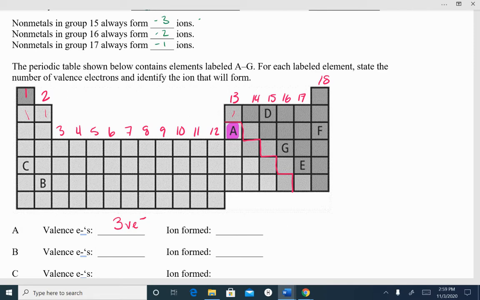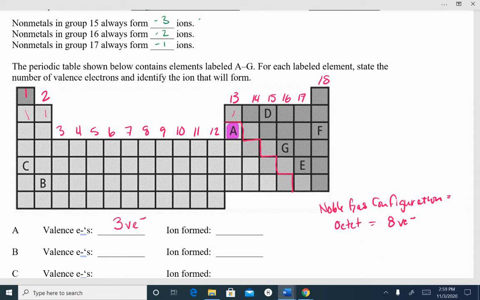And so is it going to be easier for me to lose 3 or to gain 5 to get my octet? Remember, we're always trying to get a noble gas configuration. And a noble gas configuration is 8 valence electrons, or an octet.